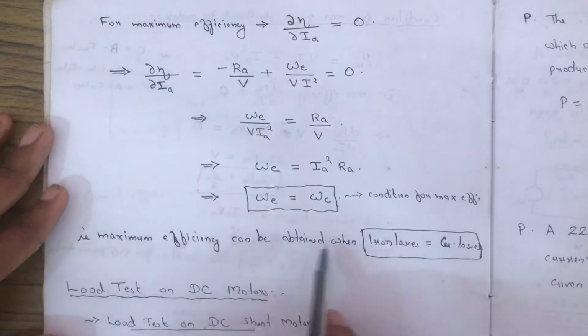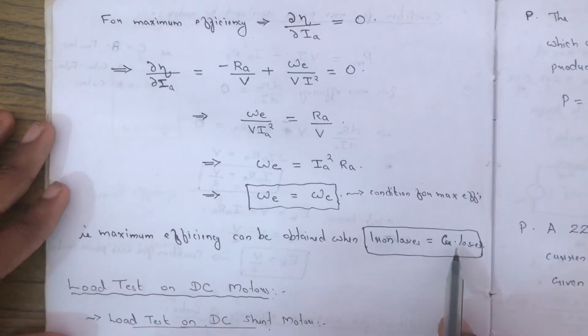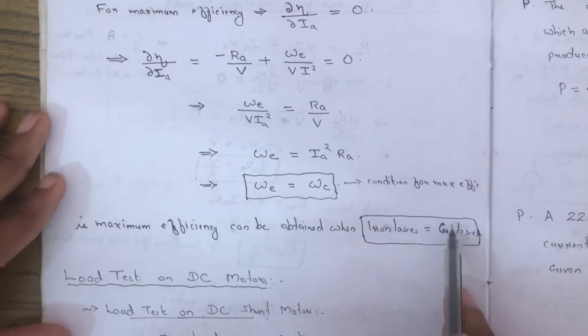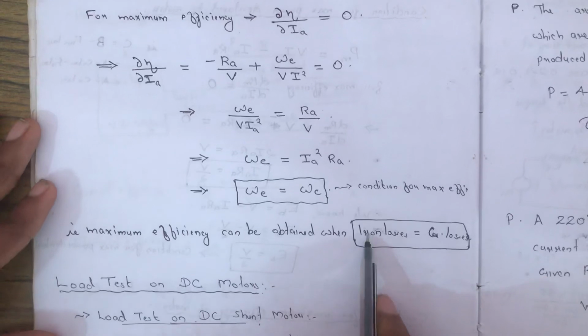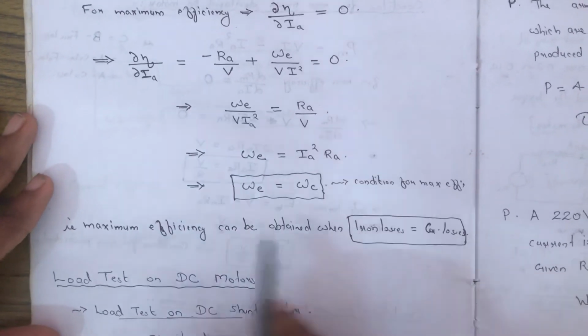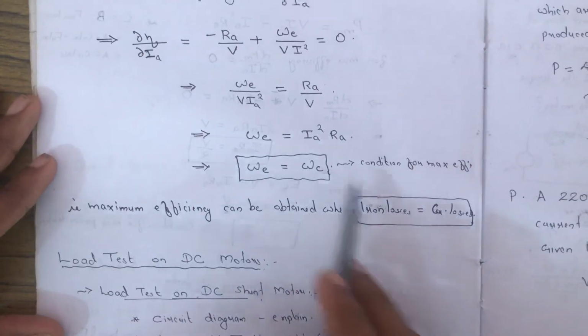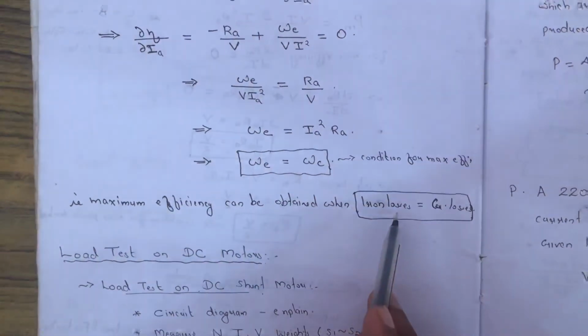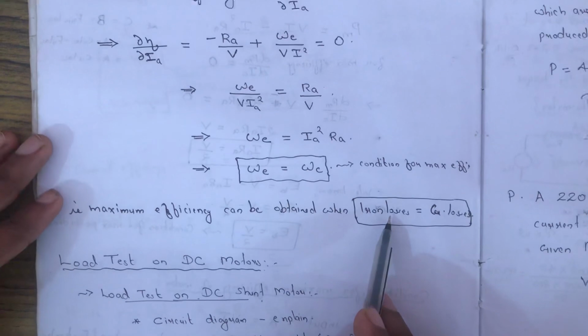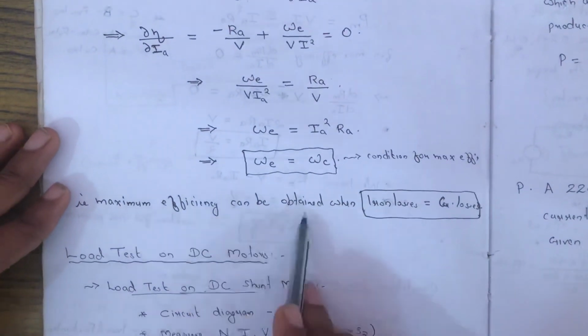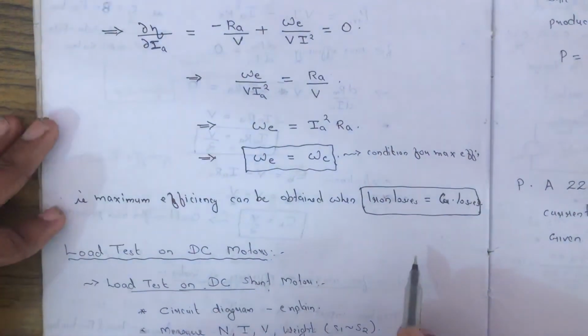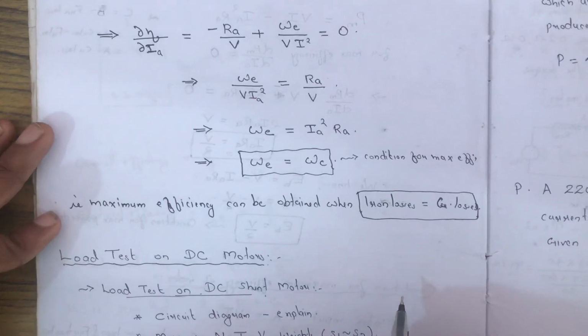We get the maximum efficiency condition when the copper loss varies and becomes equal to the iron loss. So this is the derivation for finding the condition for maximum efficiency in a DC motor. Thank you.